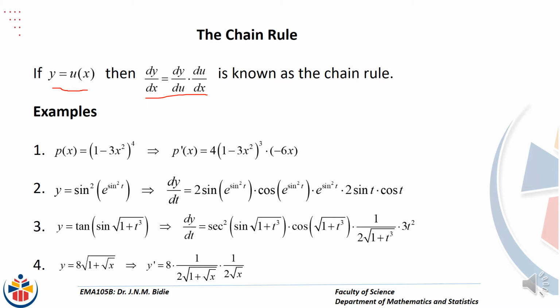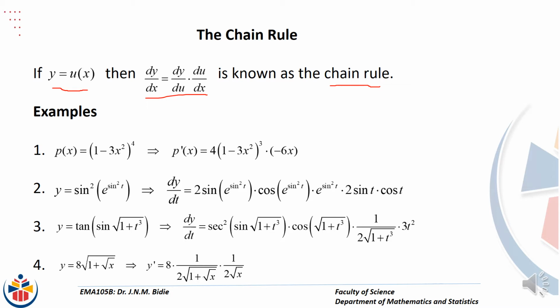So we differentiate y with respect to u and then u with respect to x. Note that we use a multiplication. We call it a chain rule because it's a chain of events. You move from the outer function to the inner function and to the innermost function. So we get a product of a lot of derivatives.